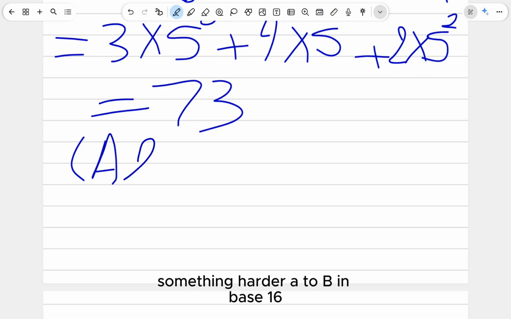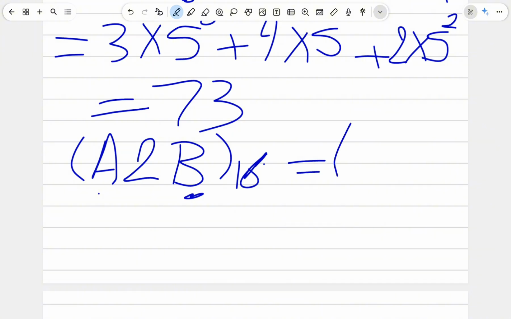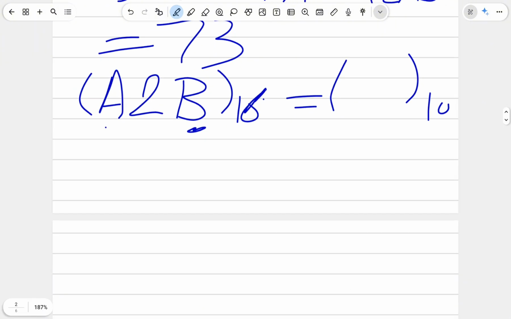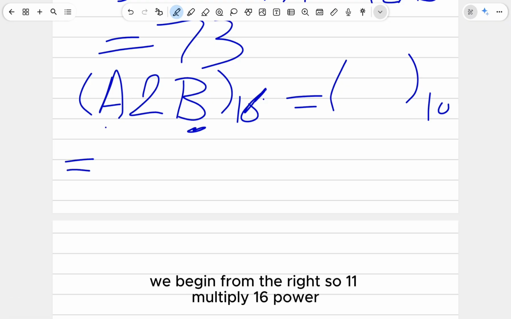Something harder: A, 2, B in base 16. I tell you that A and B are numbers after 9, so A equals 10 and B equals 11. Sorry, this is base 16. What does it equal in base 10? We begin from the right.